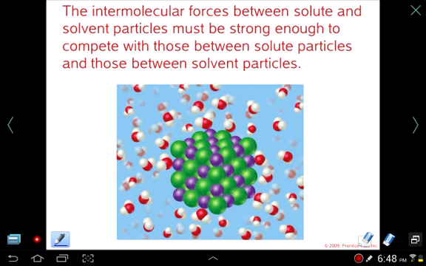Now, anytime there's a solution that forms, the solvent particles, in this case water, that wants to dissolve the salt, have to overcome the strength of the forces between these ions. And water is especially good at doing this. So the forces must be strong enough to overcome the forces between each individual particle, essentially.